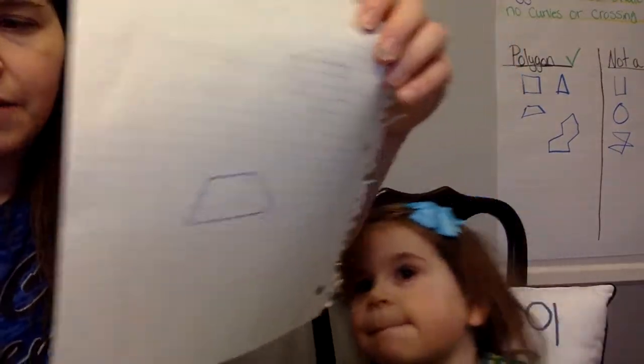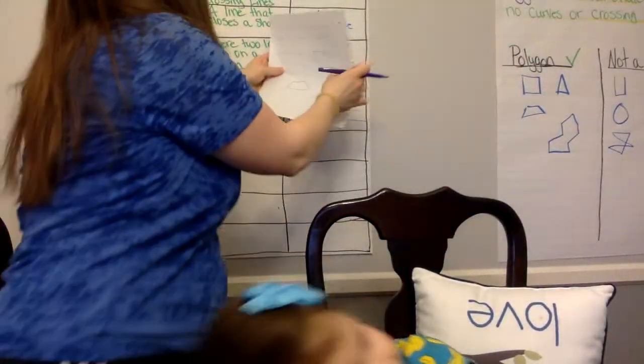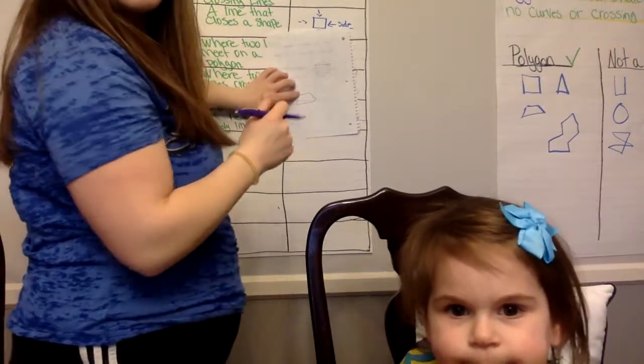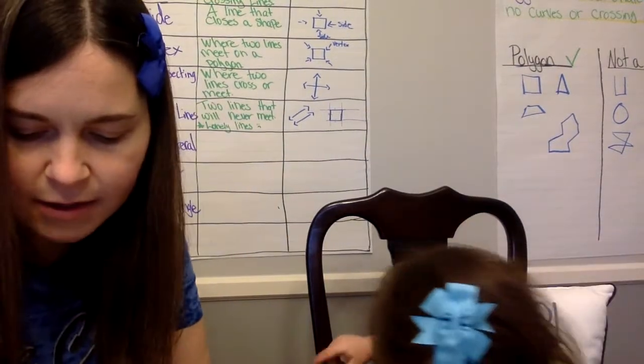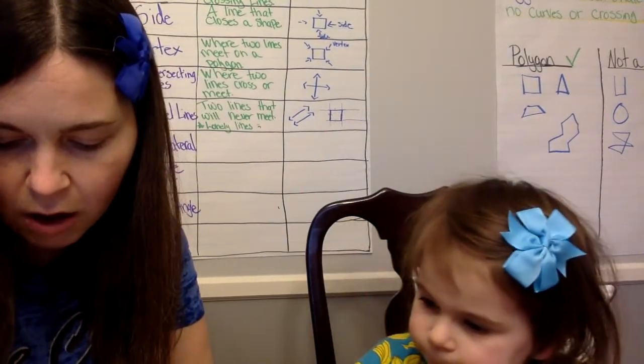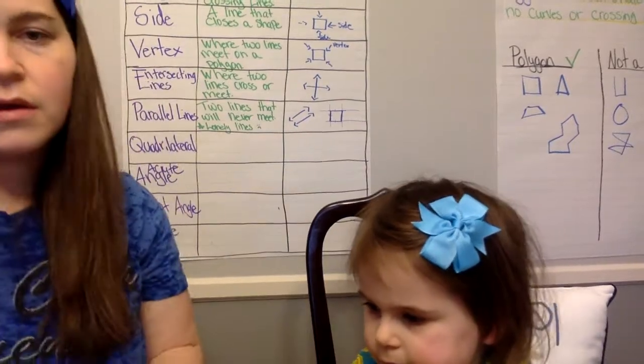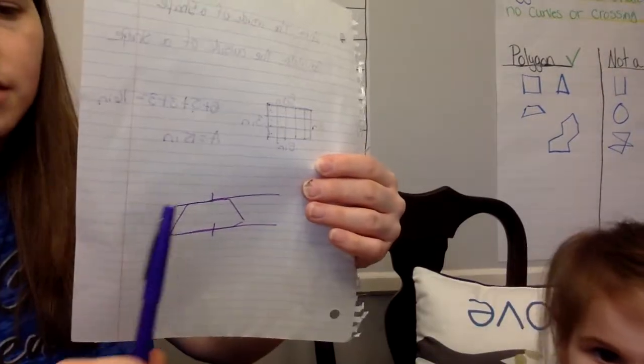So, if I have this trapezoid, and I were to draw two of the lines, they are parallel lines. So, this one and this one are parallel.